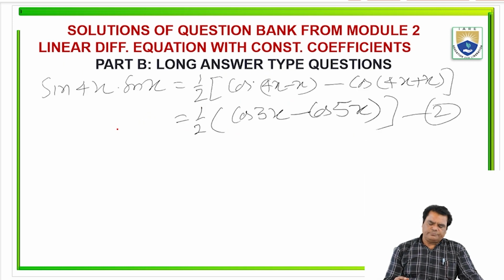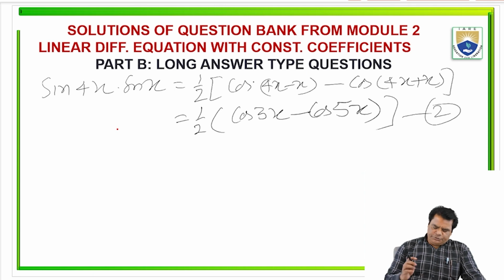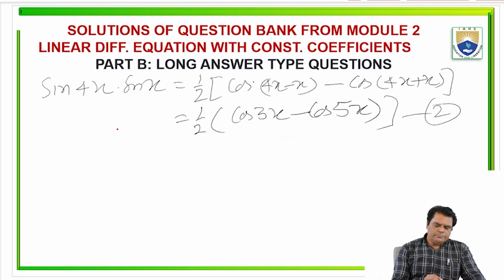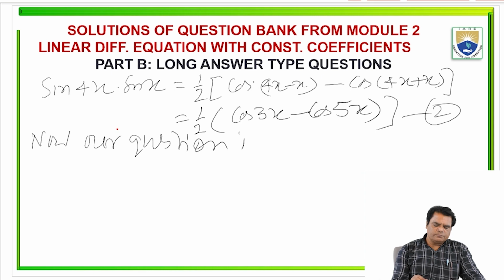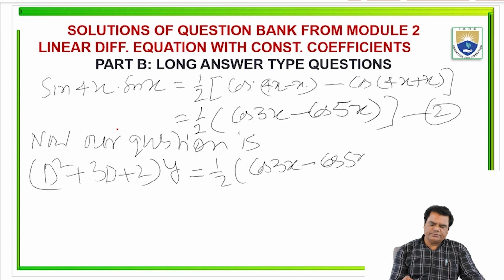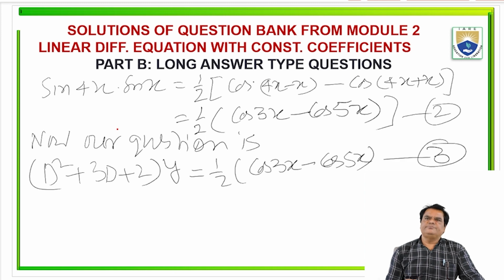Now our question is (D square plus 5D plus 6) into y is equal to 1 upon 2 of cos 3x minus cos 5x. This is equation 3.